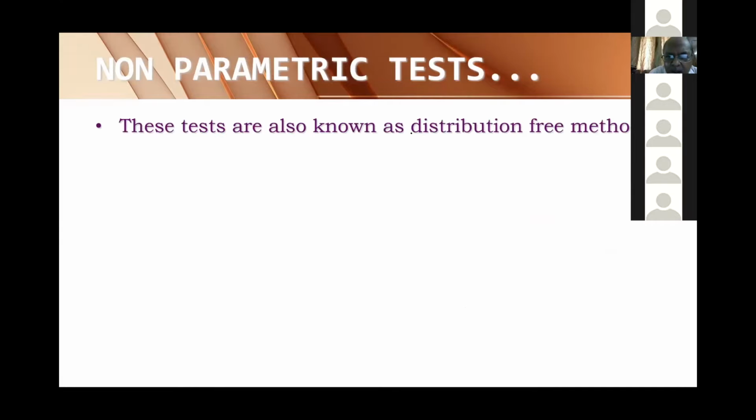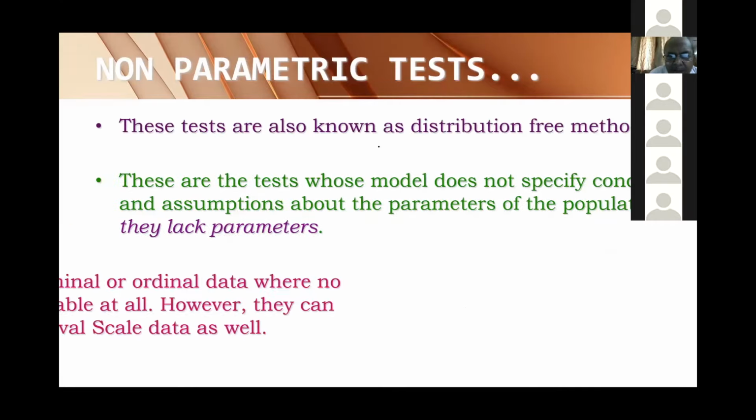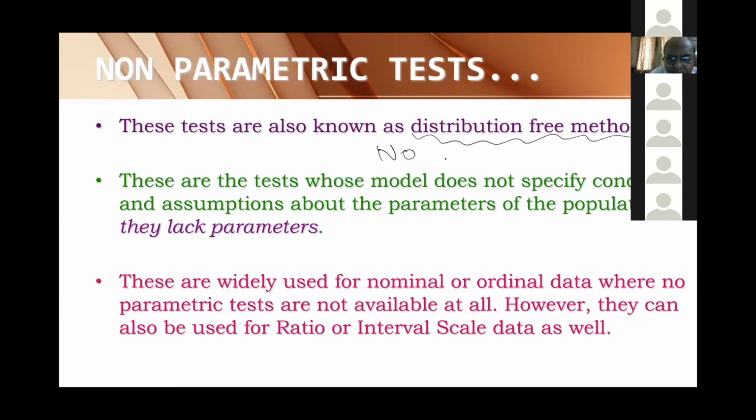On the other hand, non-parametric tests are called distribution-free tests. They make no assumption about population and its parameters. They are the tests whose model does not specify conditions and assumptions about the parameters of the population. That means they lack parameters, and that's why they are called non-parametric tests.